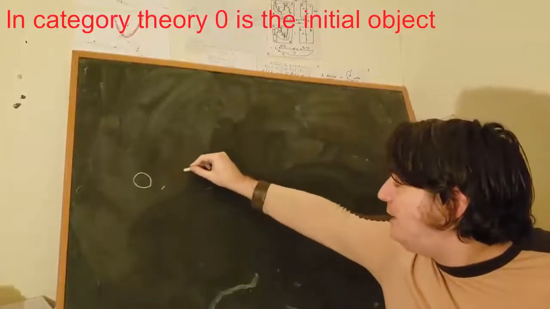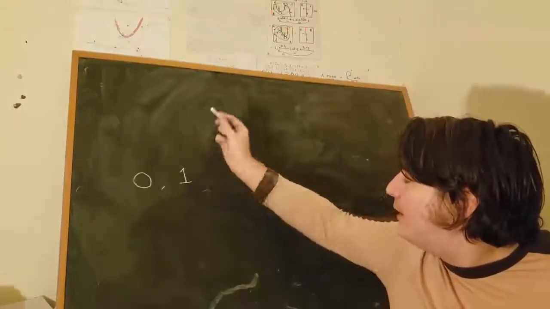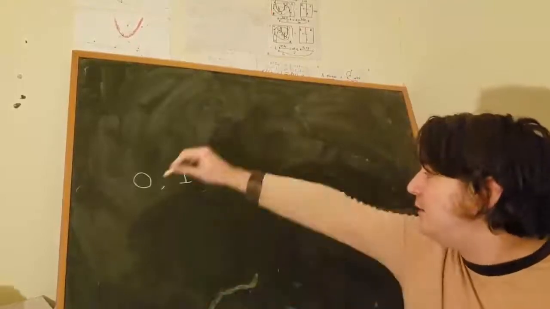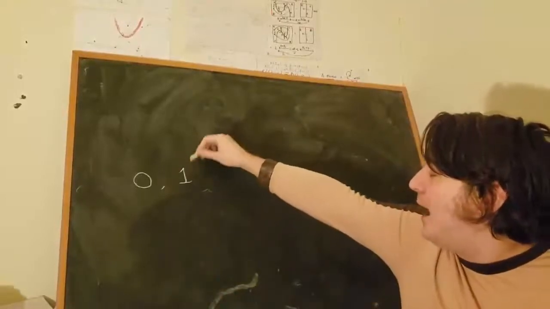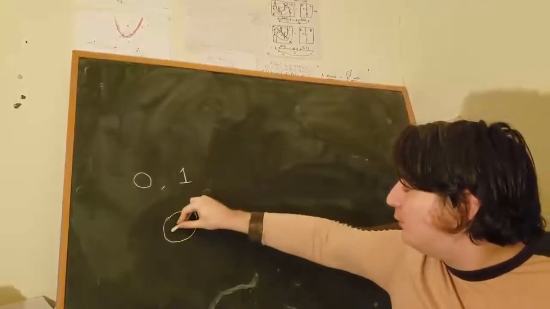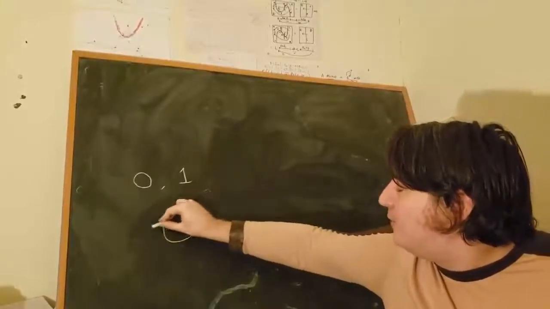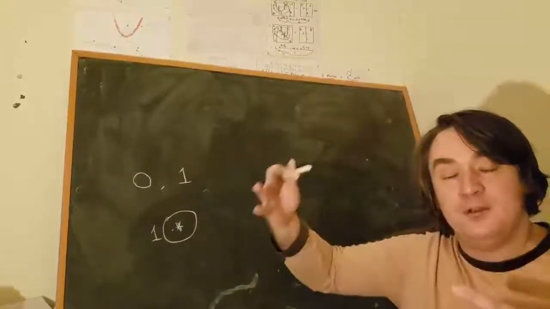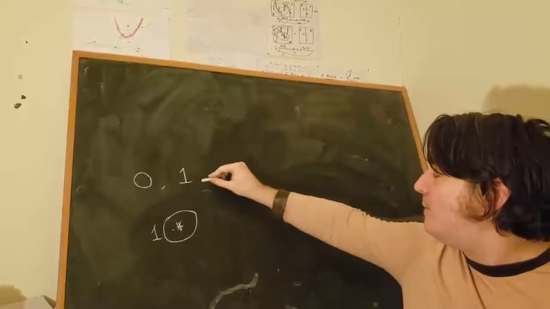We also have the unit type, which you can think of as the terminal object in category theory. You can think of it as a singleton set with a single element that we could call star in terms of set theory. And you can think of this as a true proposition in terms of logic and so on.